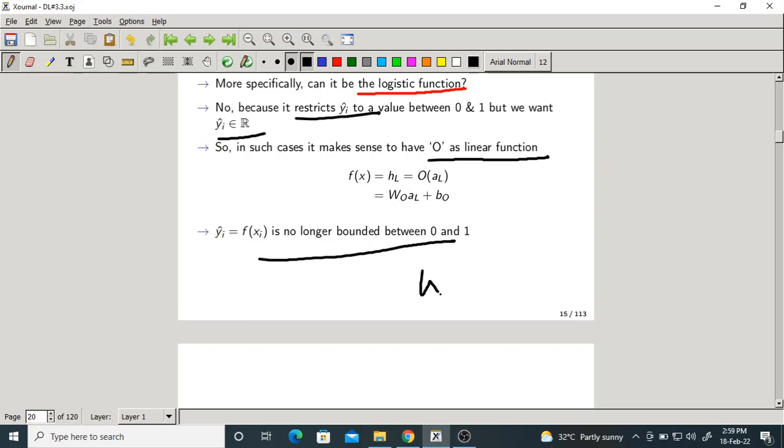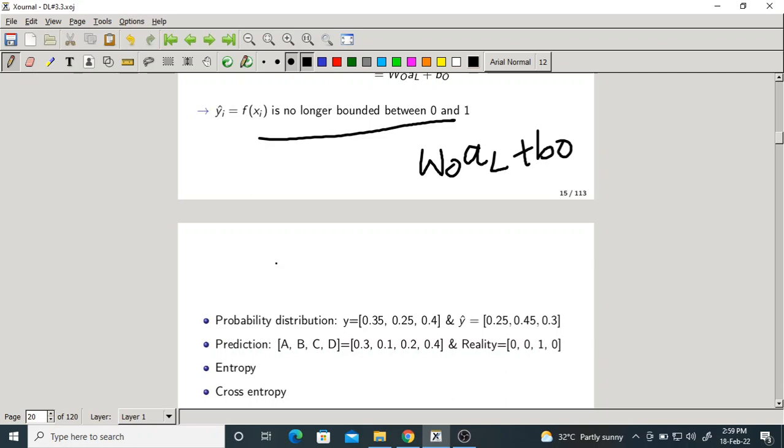So that can be something like this: omega naught into some a_L plus b naught. You might have seen this already for the perceptron and the other things we discussed. What is the output?